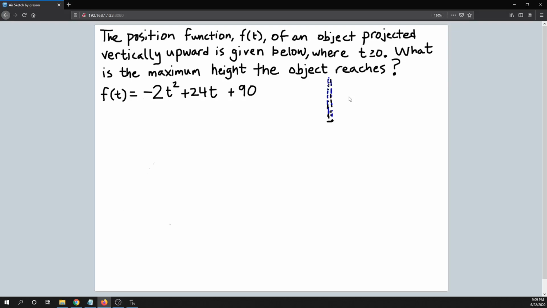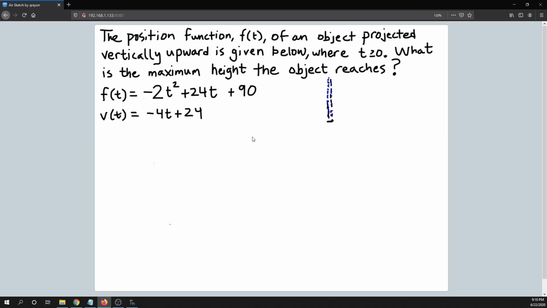So that's what we're going to do to figure out the time at which the object is at its peak. We're going to take the derivative, right? Because the derivative of the position function is the velocity. So the derivative is going to be minus 4t plus 24, when you take the derivative of that.